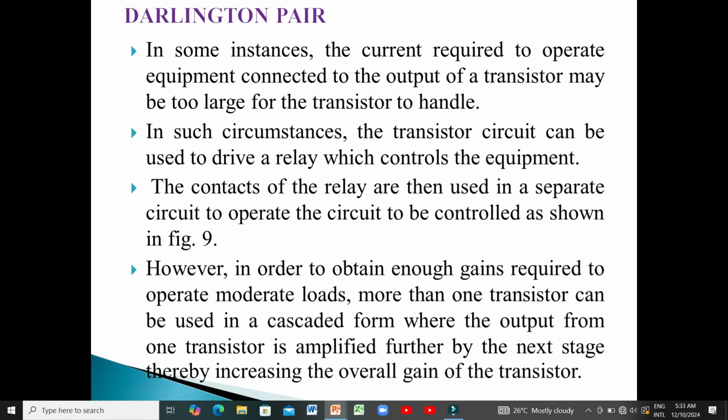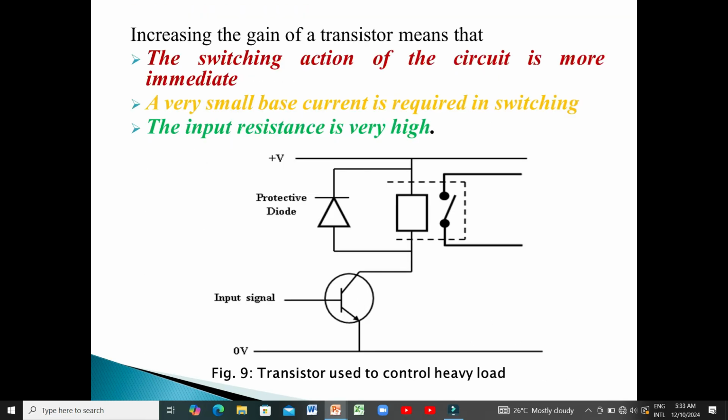However, in order to obtain enough gain required to operate moderate loads, more than one transistor can be used in a cascaded form, where the output from one transistor is amplified further by the next stage, thereby increasing the overall gain of the transistor.